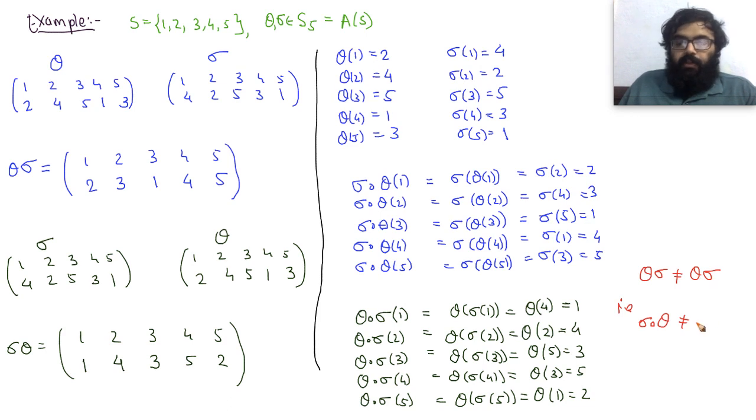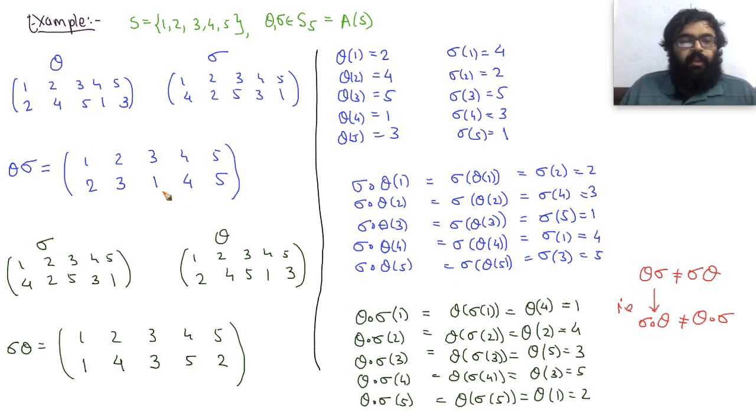Theta sigma is the same as sigma composition theta, and sigma theta is nothing but theta composition sigma, so they are not the same.